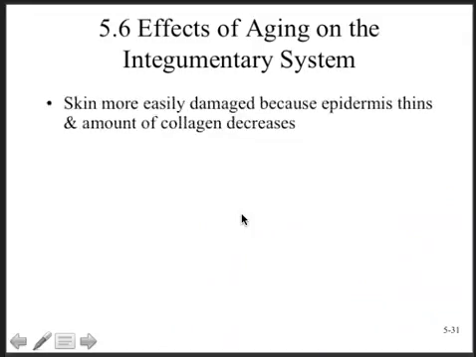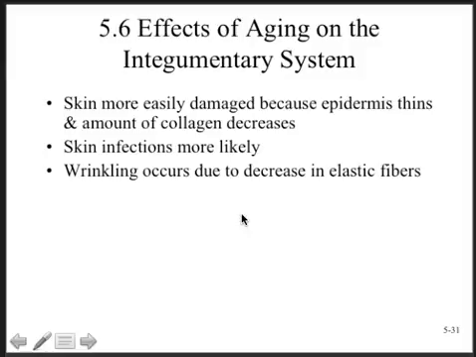The skin is more easily damaged because the epidermis thins as we age and the amount of collagen decreases. Skin infections become more likely because repair slows down. Wrinkling occurs due to a decrease in elastic fibers. The skin becomes drier, and that is in part due to the fact that as we age, our thirst mechanism doesn't work as well as it should, and so sometimes we don't take in enough fluid.